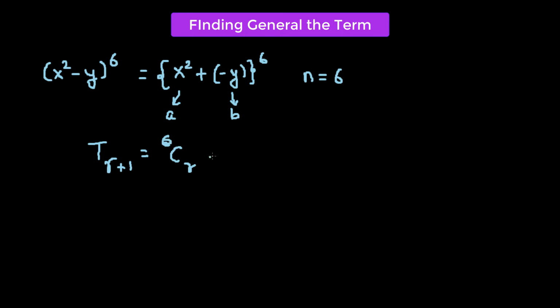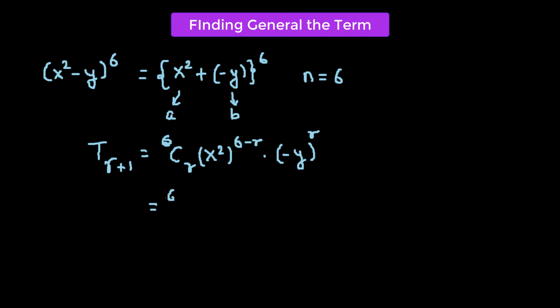6Cr, then a raised to the power of 6 minus r. So a here is x^2 raised to the power of 6 minus r, times negative y, which is b, raised to the power of r.